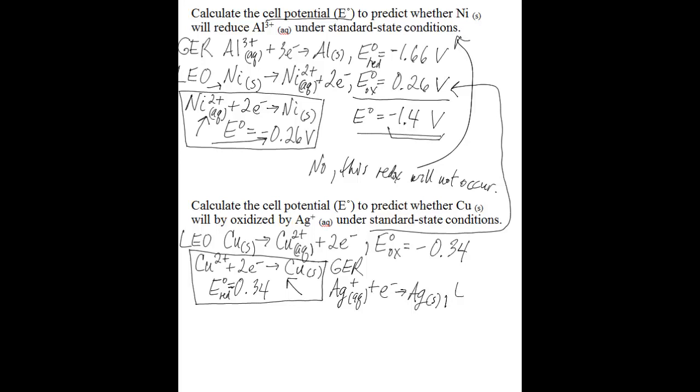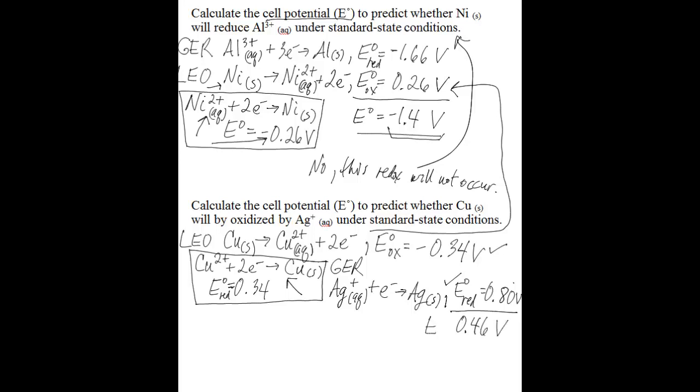If you look up the potential for that reduction reaction in a table of standard reduction potentials, you find exactly that reaction, and you find a standard reduction potential of 0.80 volts. So you add the cell potential for the oxidation to the cell potential for the reduction reaction. When you add them together, you get 0.46 volts.